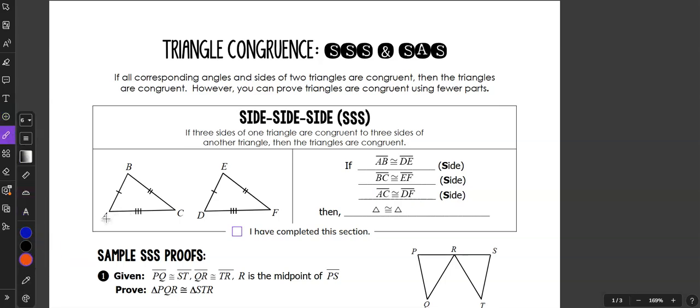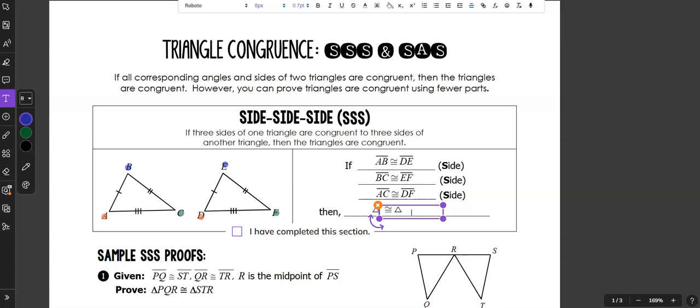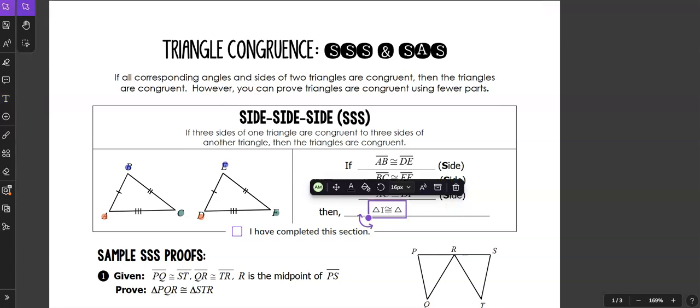I'm going to say angle A. And if I go along the one tick mark line, I get to angle B. And then if I continue following along past the two tick mark line, I get to angle C. So we do that same pattern over here with DEF, D. We're going to follow along the one tick mark, and we get to E. And then finally we get to F. So we can have any order as long as they are in the same order on both sides. So I'm just going to say ABC and DEF.